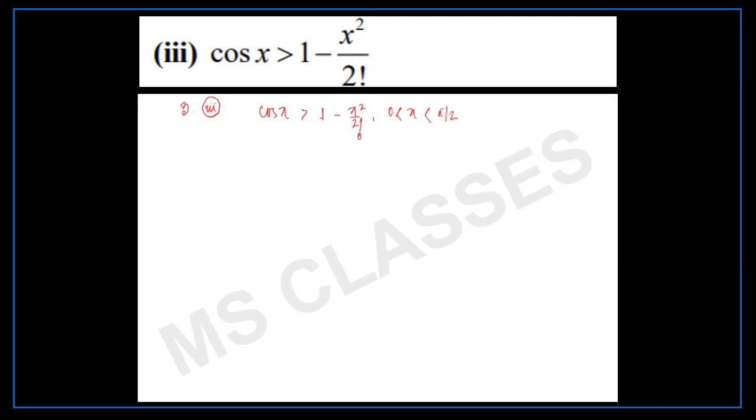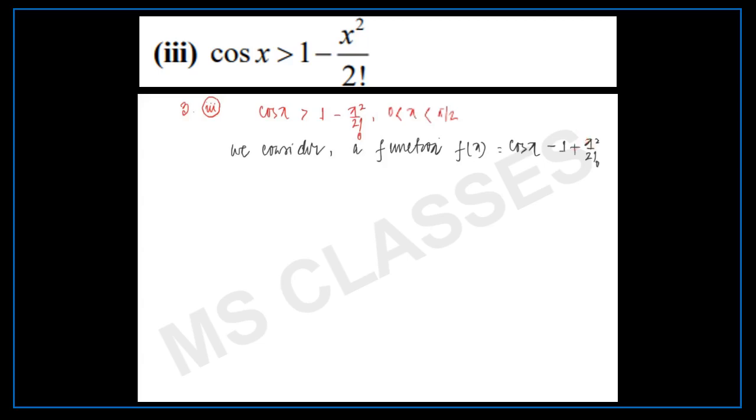So here we consider a function f(x) equal to cos x minus 1 plus x square by 2 factorial. Now, this is a differentiable function.